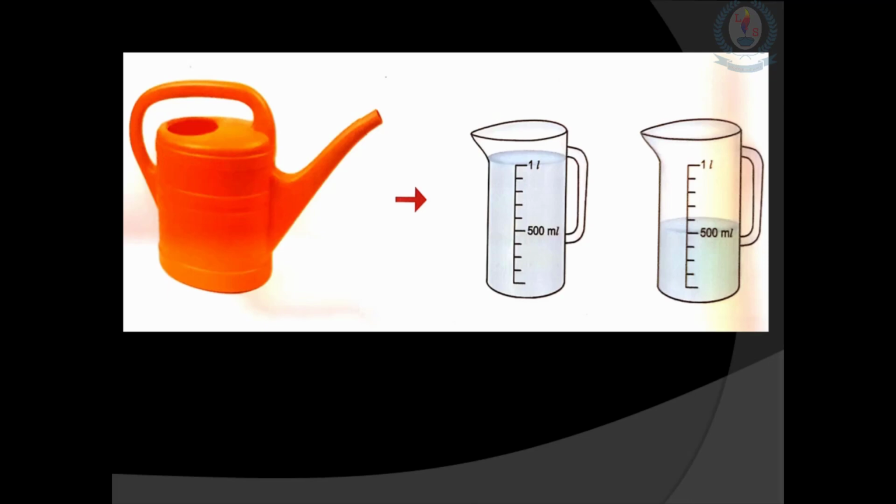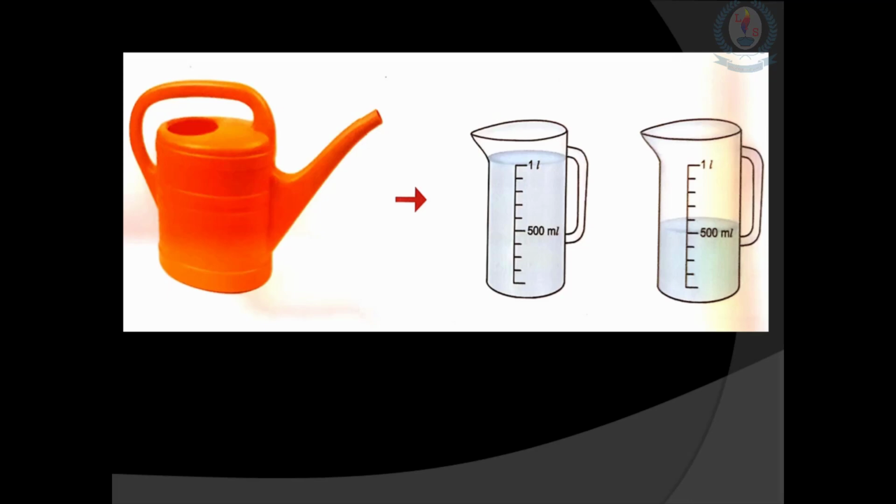You can see the first measuring jug is filled up to 1 liter. The second measuring jug is filled only up to 500 milliliters. 1 liter, 500 milliliters.